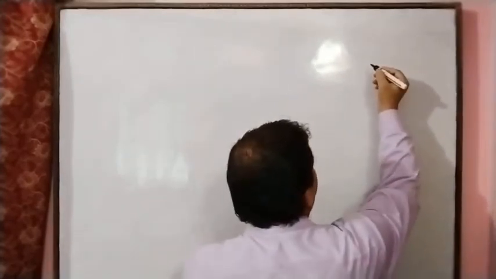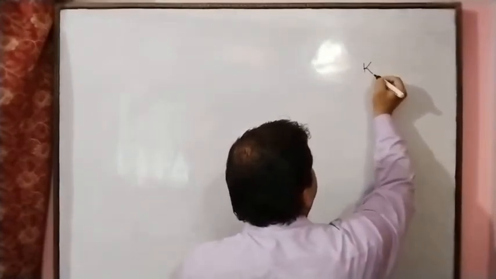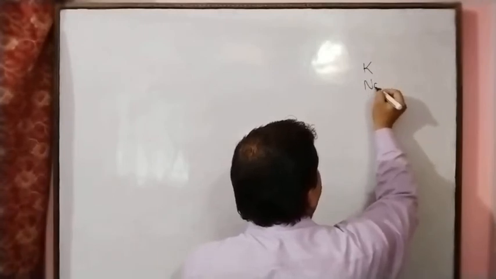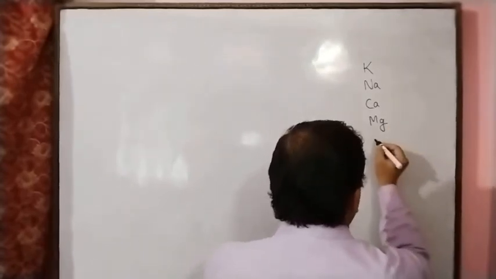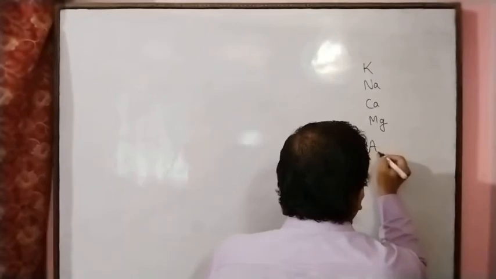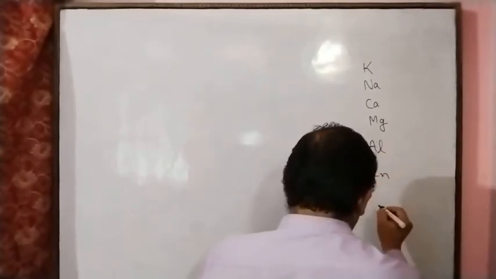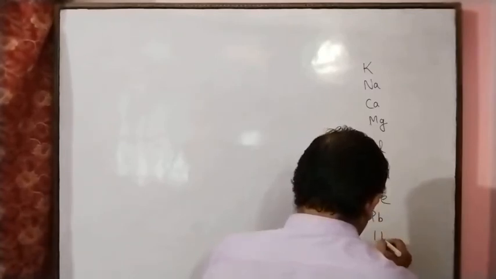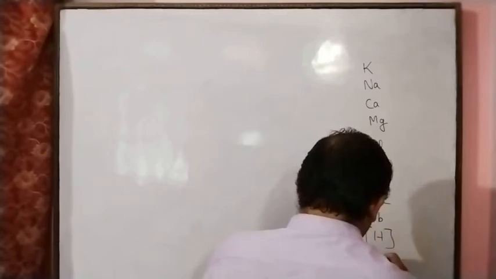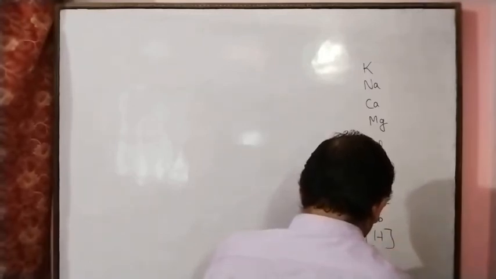On page number 26, the activity series is given, the activity of metals and non-metals. First potassium, then sodium, calcium, magnesium, then aluminium, zinc, iron, lead, then hydrogen, then copper, mercury, silver, platinum, gold.